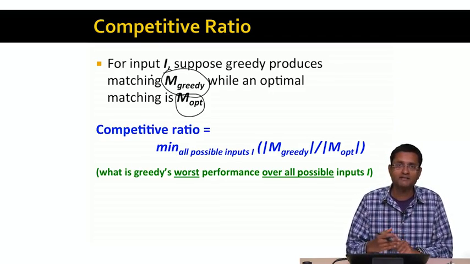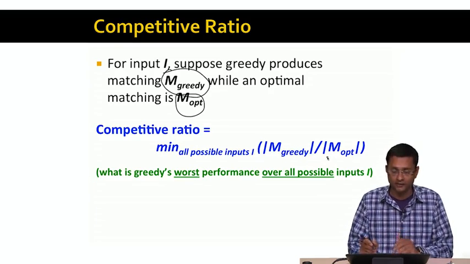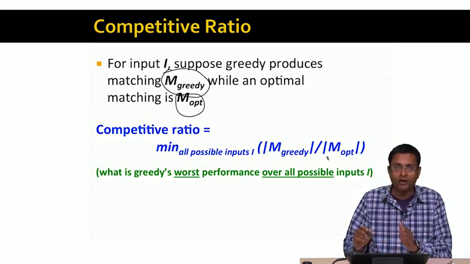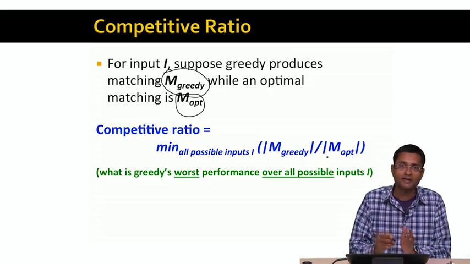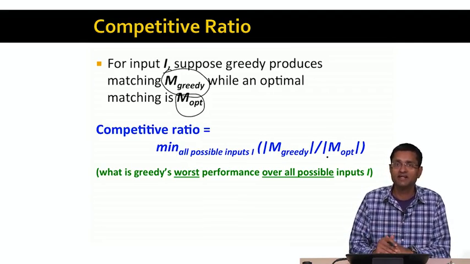Now, the competitive ratio of the greedy algorithm is defined to be the ratio of the cardinality of M greedy to the cardinality of M optimal over all possible inputs I. We take the minimum, right? So it's kind of the worst case performance of the greedy algorithm.